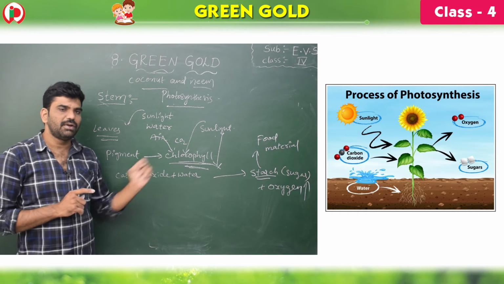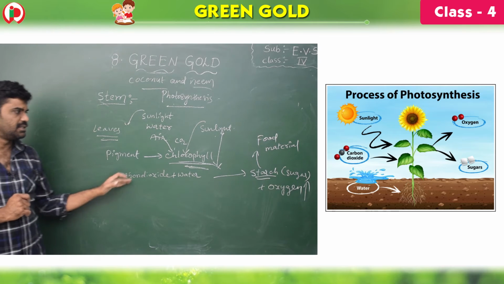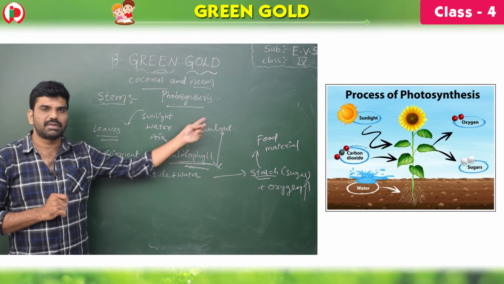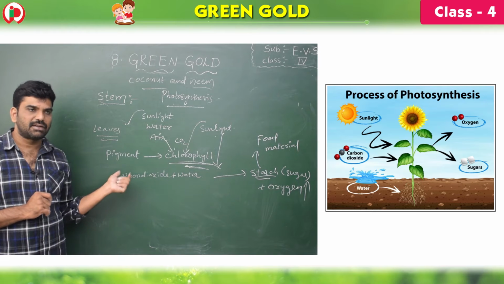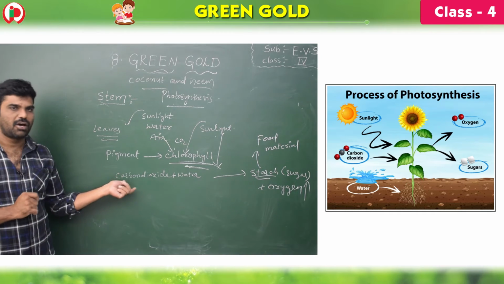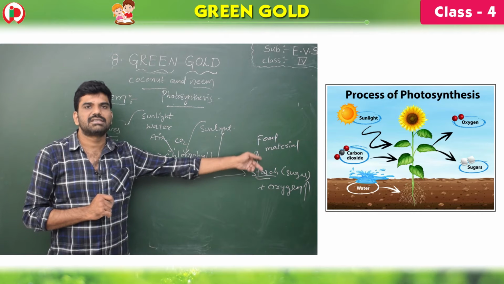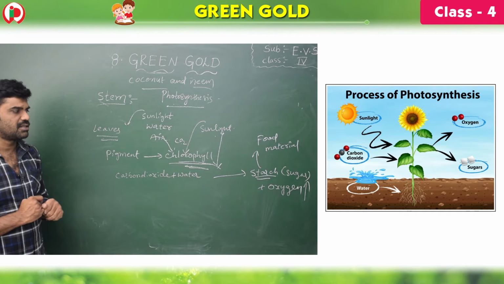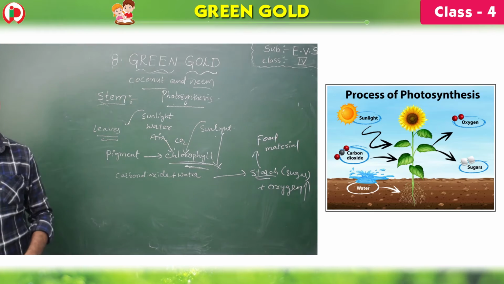In the presence of sunlight, chlorophyll will turn carbon dioxide and water into the food material, which is called starch, and also releases oxygen gas. This process is called photosynthesis.